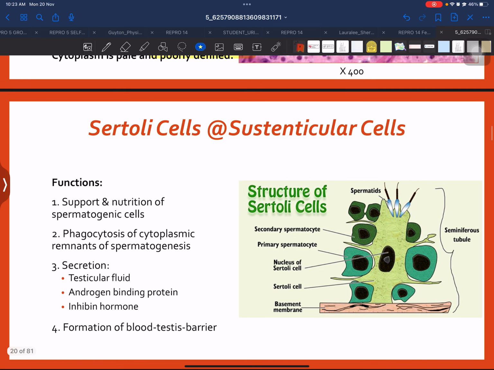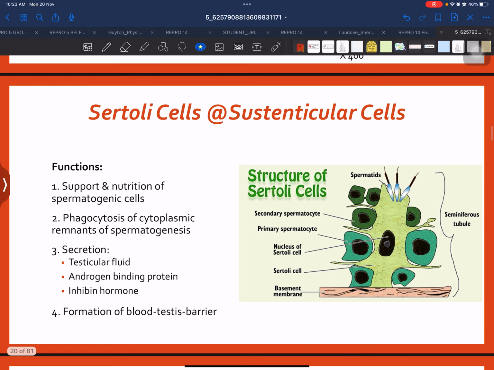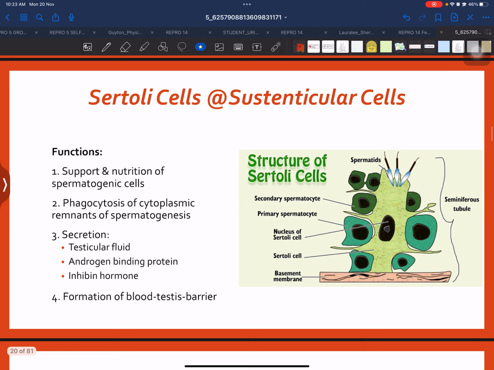So let's see what the function of the Sertoli cell is. The Sertoli cell is very important to the seminiferous tubules and to the spermatogenic cells, because first it gives support and nutrition to the spermatogenic cells.